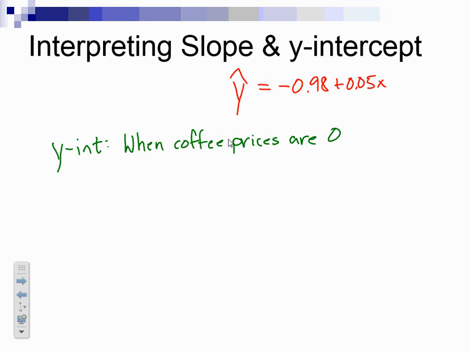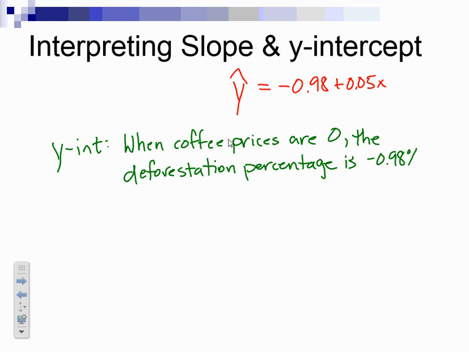So when coffee prices are 0, the deforestation percentage is a negative 0.98, and this is representing a percent if we go back and look at our data value. So again, when coffee prices are 0, the deforestation percentage is a negative 0.98%.